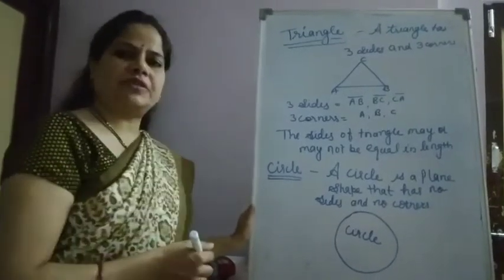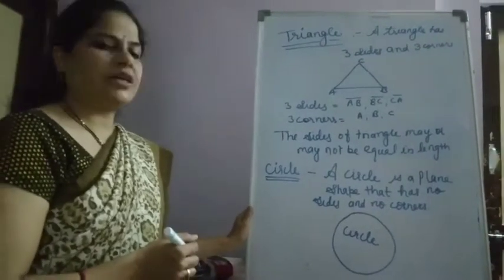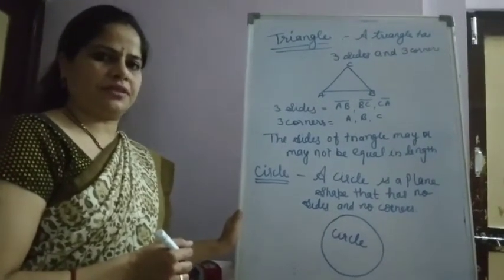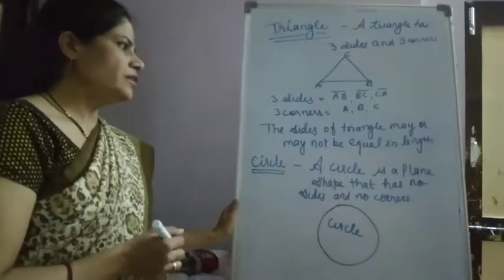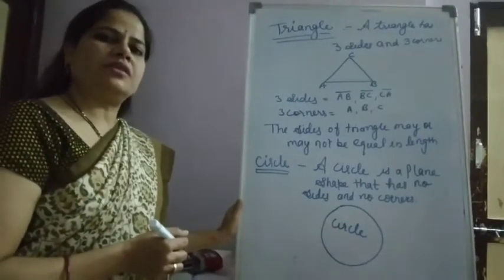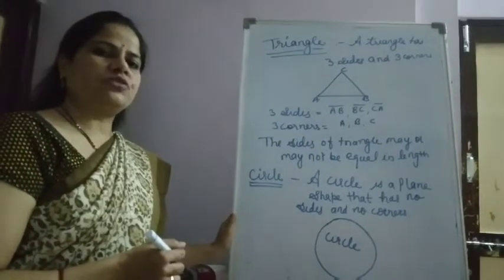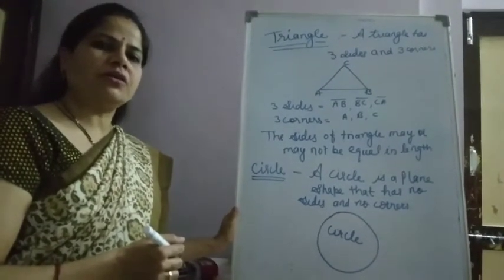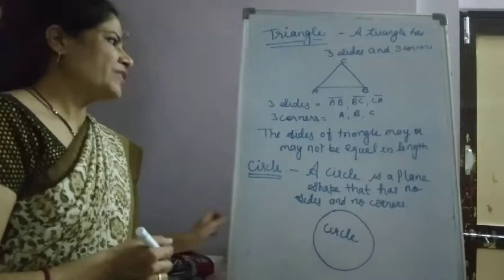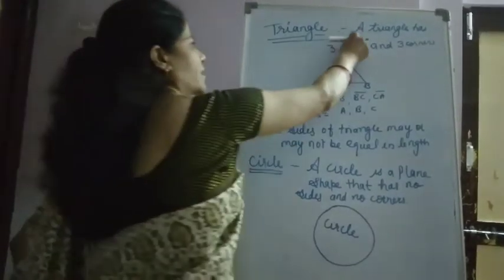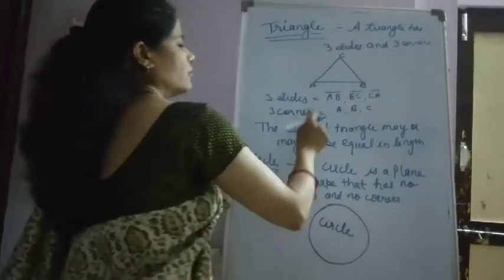Now let's see the definition of a triangle. A triangle has 3 sides and 3 corners. And it is not compulsory that the sides of a triangle are equal. The sides of a triangle may be equal or unequal. So a triangle has 3 sides and 3 corners.